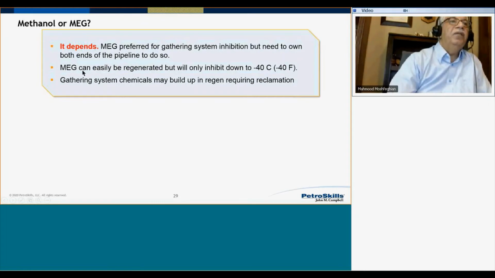Next, MEG can easily be regenerated, but will only inhibit down to -40 degrees C and -40 degrees Fahrenheit. Normally we cannot use that for lower temperature. If you have lower temperature, normally we use methanol. Gathering system chemicals may build up in the regeneration, requiring reclamation.